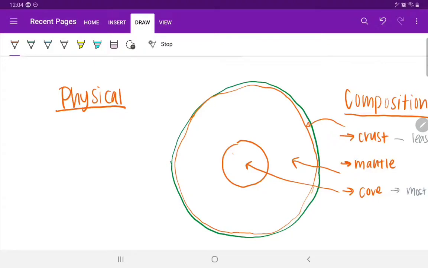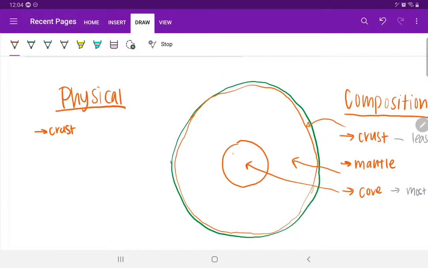When we take a look at differentiating Earth's layers using physical properties, we can see that we still have the crust. The crust is still this thin layer right at the surface of the Earth. And as you have probably experienced with rocks, the rocks that we see are very hard and very brittle.